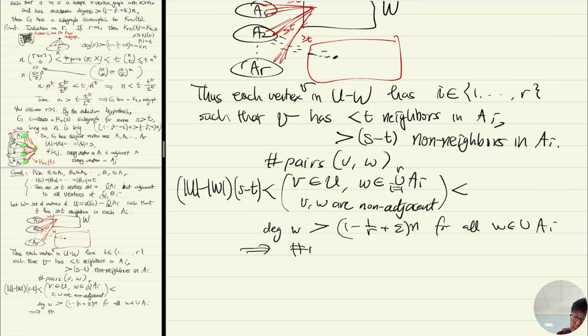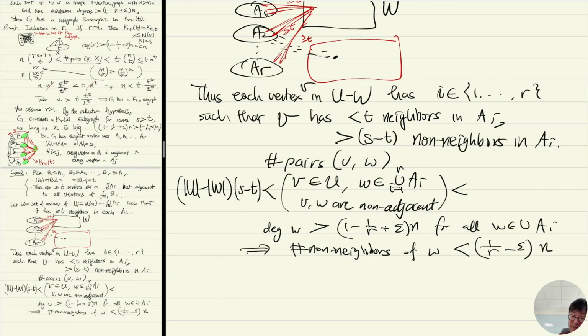So the number of non-neighbors of w is at most (1/R minus epsilon) n, because the degree plus the number of non-neighbors is n minus 1, right?